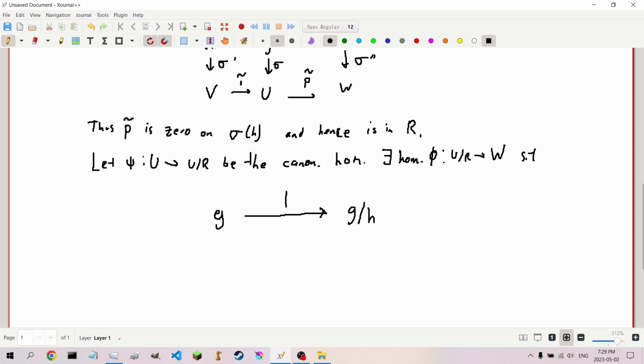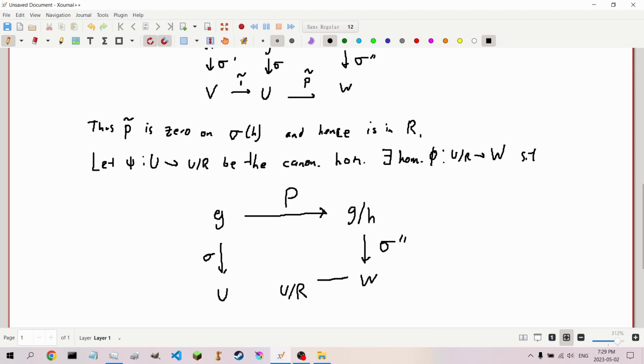As before, we have this is P. We have this map sigma from G into its enveloping algebra. And similarly, we have this map sigma double prime into this enveloping algebra. And now we have this new one in the middle here.